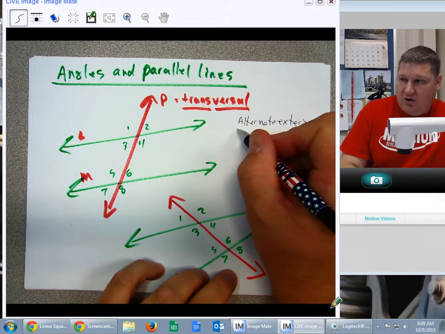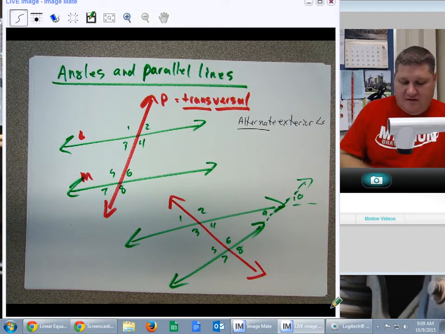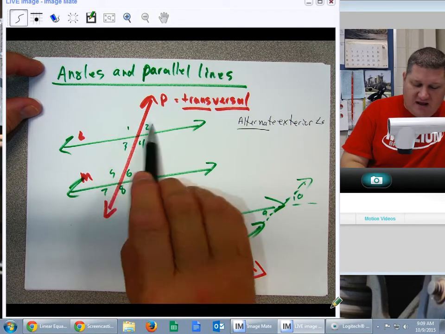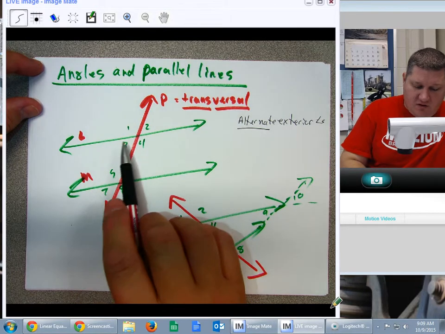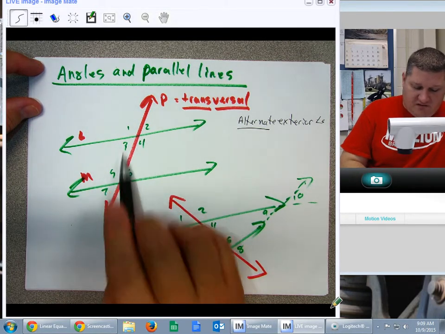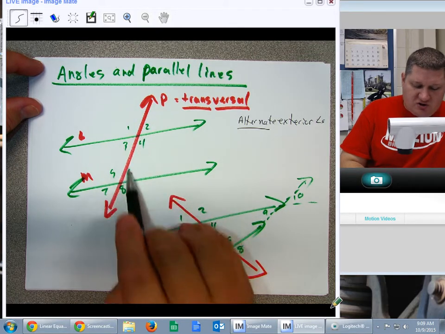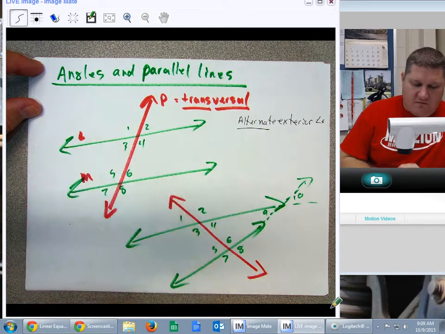If I have the word alternate in it, that means they're going to be different or opposites. So for example, 1 and 2 are alternate angles because they're on opposite sides of the transversal. 3 and 4 are alternate angles. 3 and 6, 3 and 8, 3 and 2. All of these are alternate angles because they're on opposite sides of a transversal.